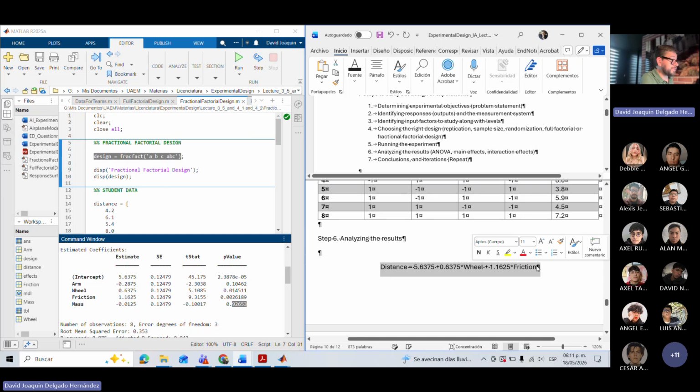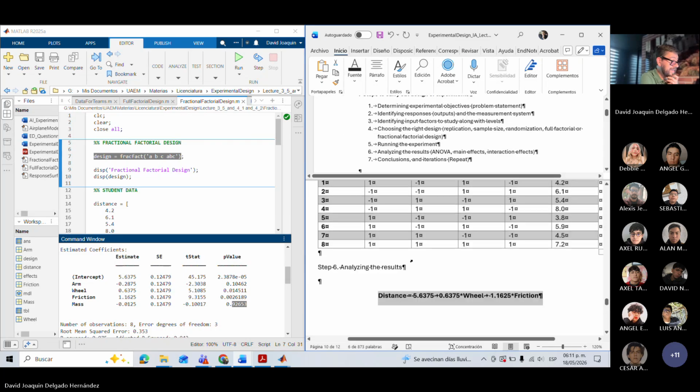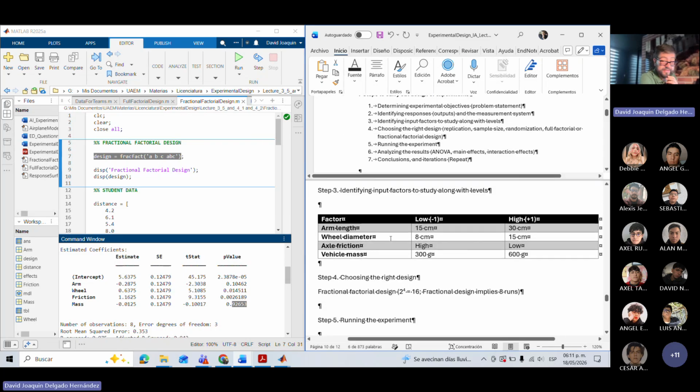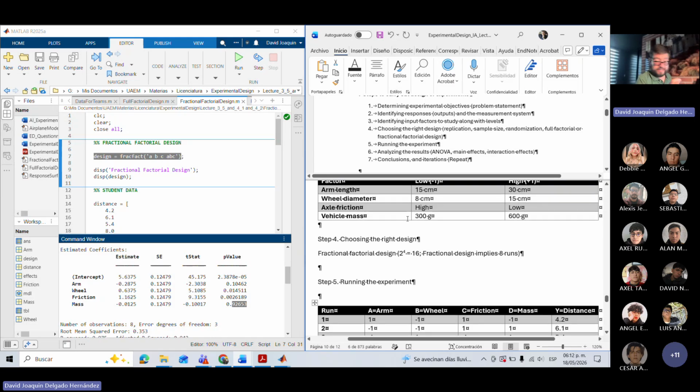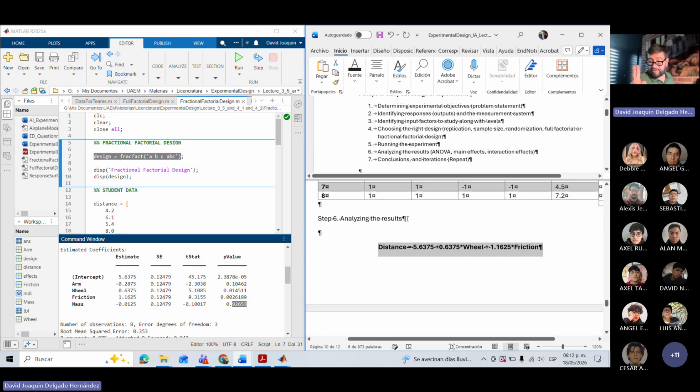But look, I had 4 different variables, which is a considerable number. In the previous example, I had three variables, but now I have 4. When I carry out this fractional design, I can see that only 2 of them matter, which are wheel and friction.